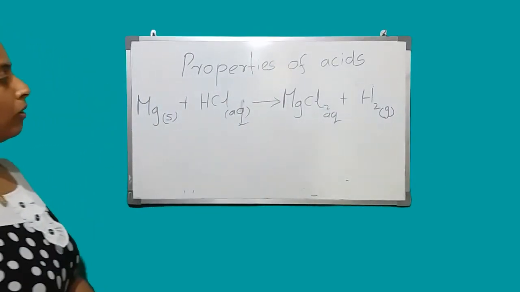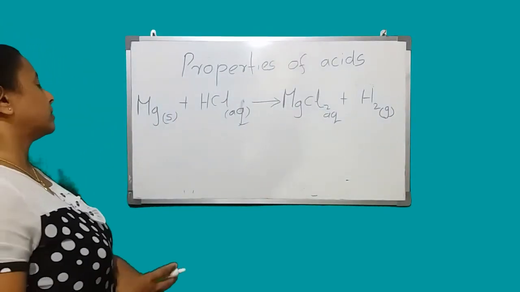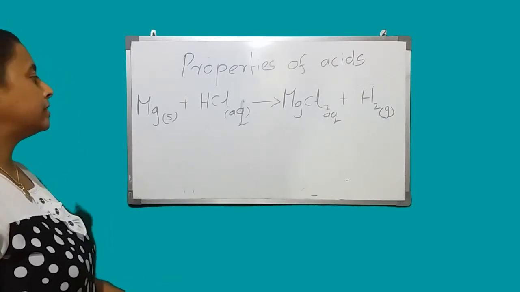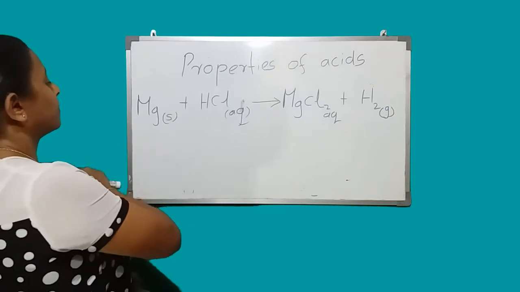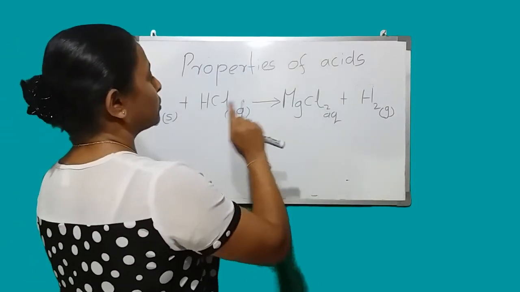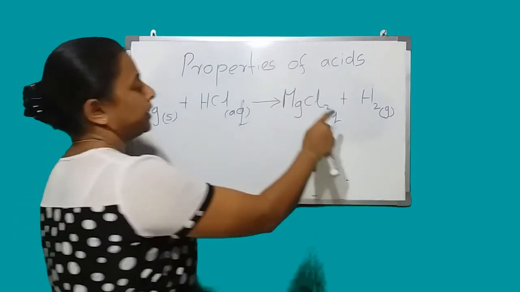The metal above hydrogen in the activity series forms the salt of the metal and hydrogen gas.